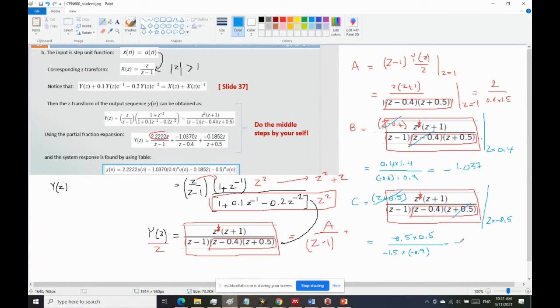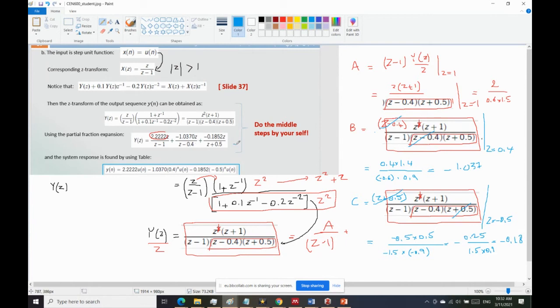Again it is a negative number: minus 0.25 over 1.5 times 0.9, which gives negative 0.18. So that's it, we have the values.